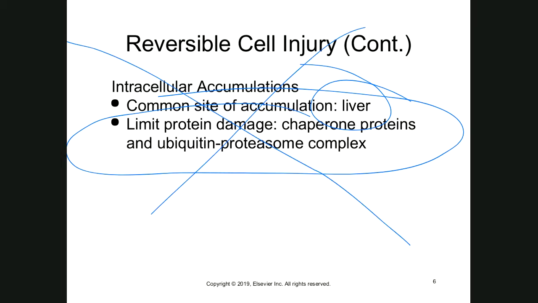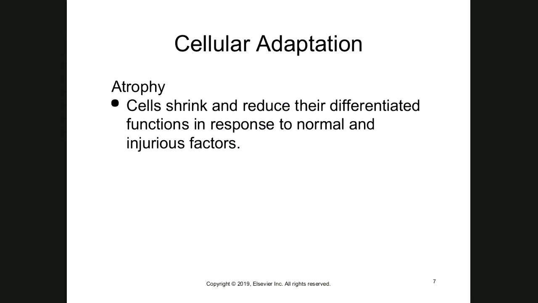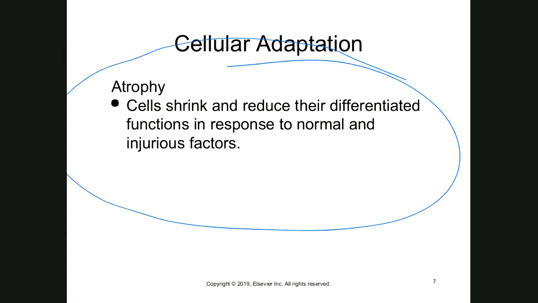Now, what you need to pay attention to is cellular adaptation. What is atrophy? You need to know that. VIP. Not only do you need to know that definition, you need to recognize what an atrophy is when you see it.